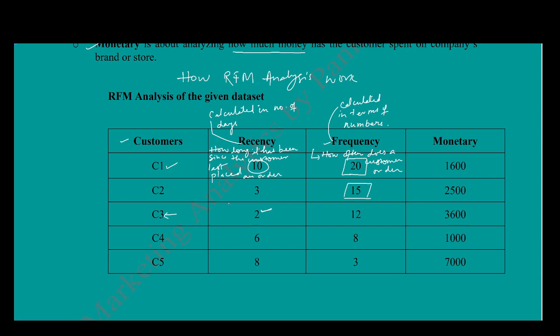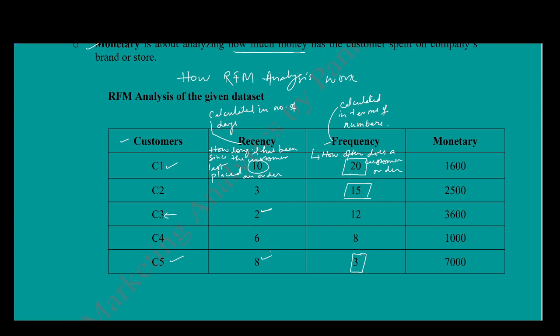So we found that customer C1 placed 20 orders in that particular time frame. Similarly, customer C5 placed just 3 orders, and 8 days back he placed his last order.